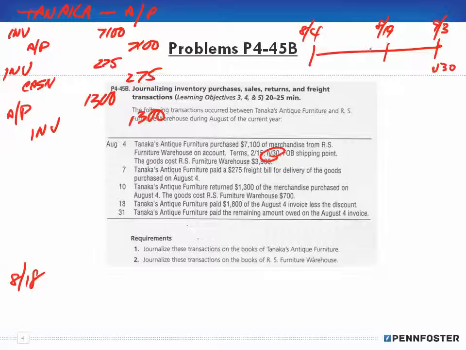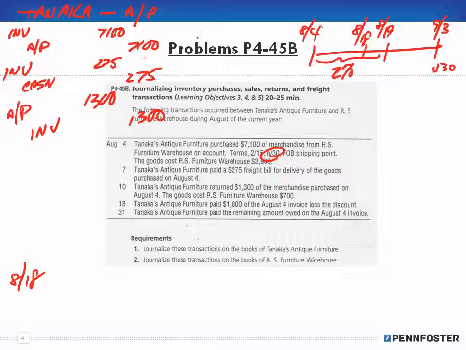Now it's August 18th. This here is the 2% discount period, and that was for 15 days, right? 2% for 15 days. And it is now August 18th, so it's falling within the discount period.